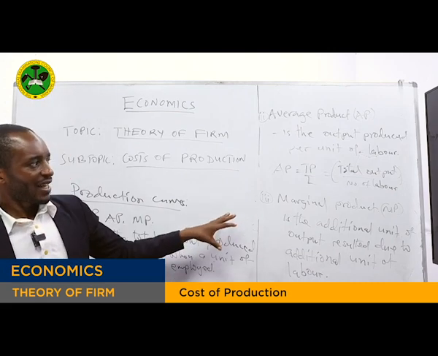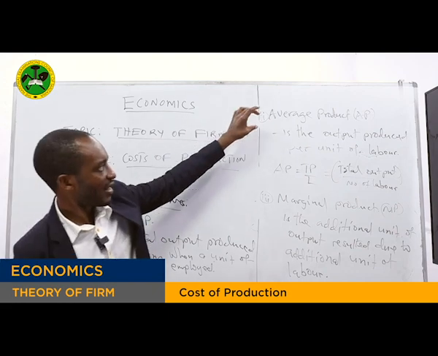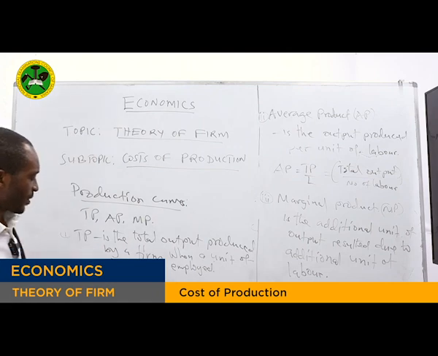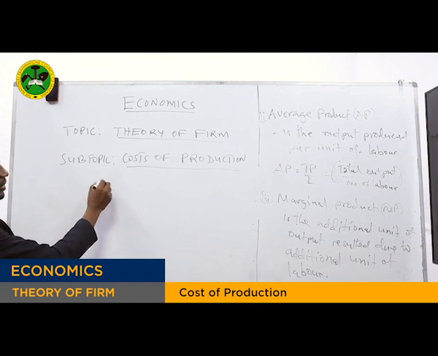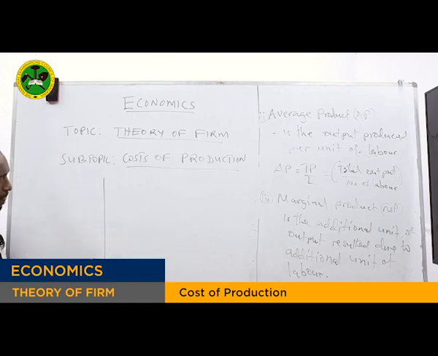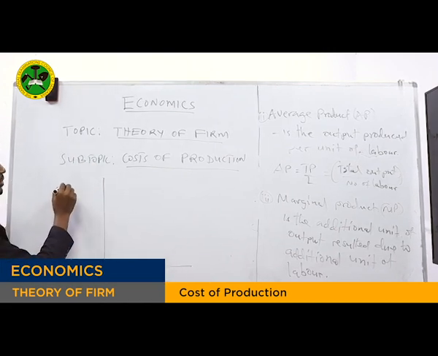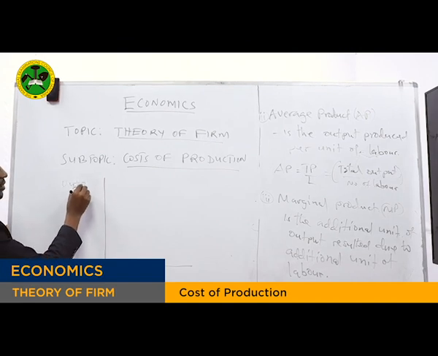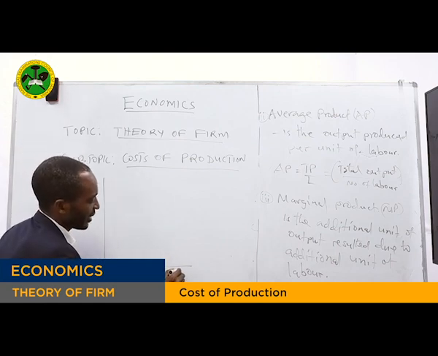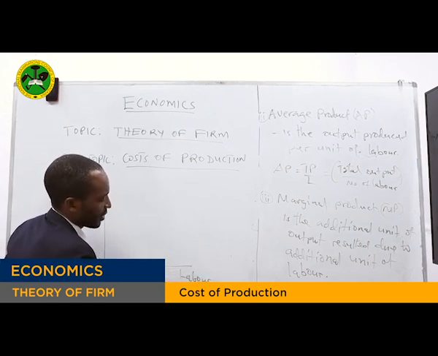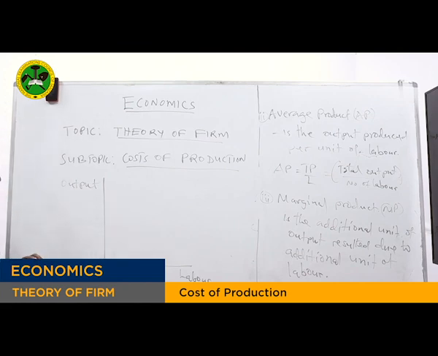Now let us show graphically the three concepts: total product, average product, and the marginal product. So when you show it graphically, you draw the vertical axis and the horizontal axis. In the vertical axis, you put the output which is produced, and on the horizontal axis, you put the number of labor employed by the firm.